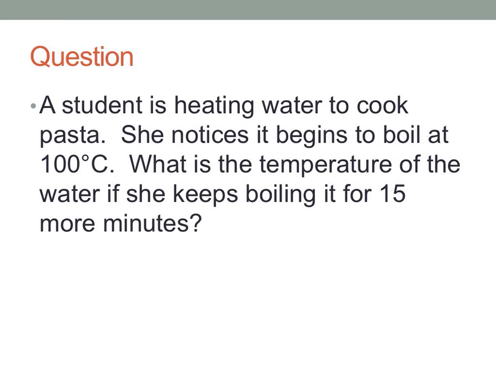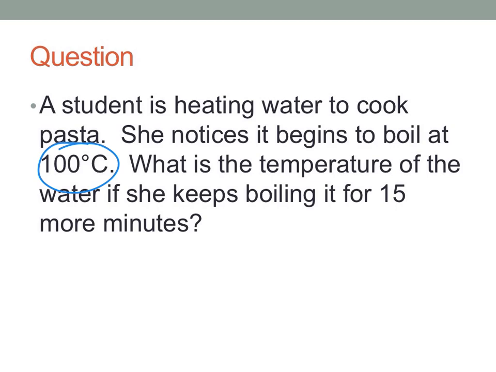So a student is heating water to cook pasta. She noticed that it begins to boil at a temperature of 100 degrees. What is the temperature of the water if she keeps boiling it for 15 more minutes? Well, 100 degrees Celsius is the boiling point for water.